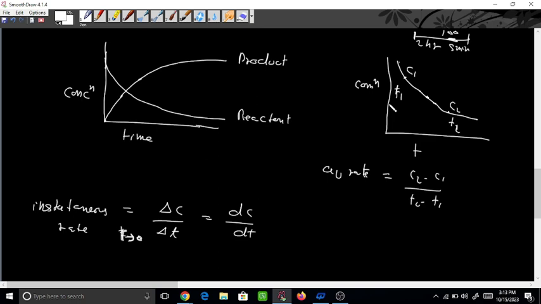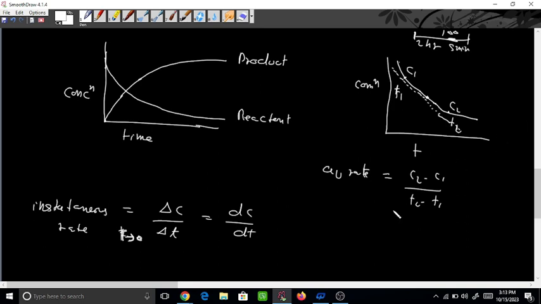Okay, got it? So in mathematics we call it differentiation. If we differentiate this one, then we will get instantaneous rates. Instantaneous rate means we will draw the tangent. If we draw the tangent, then we will get the exact instantaneous rate.